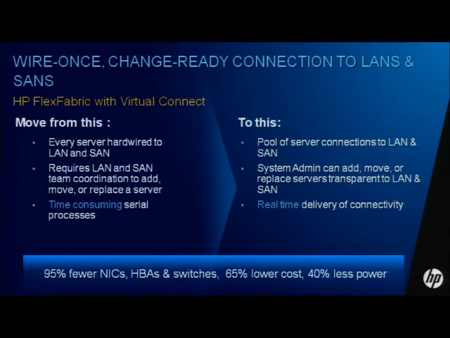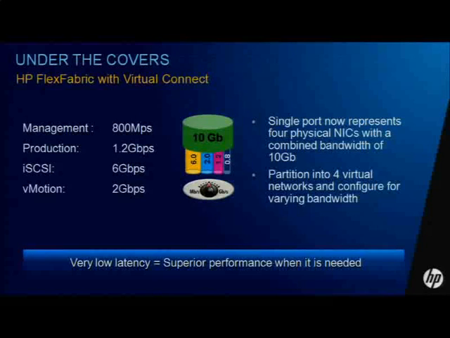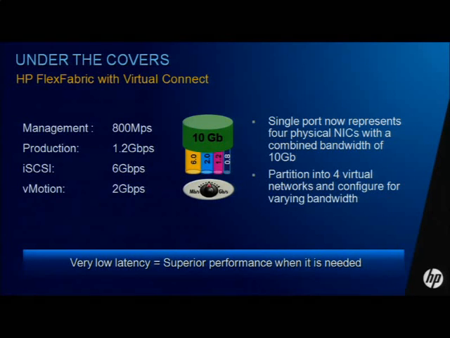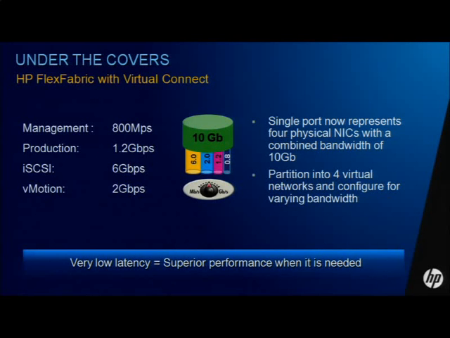So within our VDI solution, this is how we use that technology. The single 10 gig port coming out of our server, we're slicing it up. We've got 6 gigs for our iSCSI network to the storage, 2 gigs for vMotion activities, and some bandwidth for management and then for production.